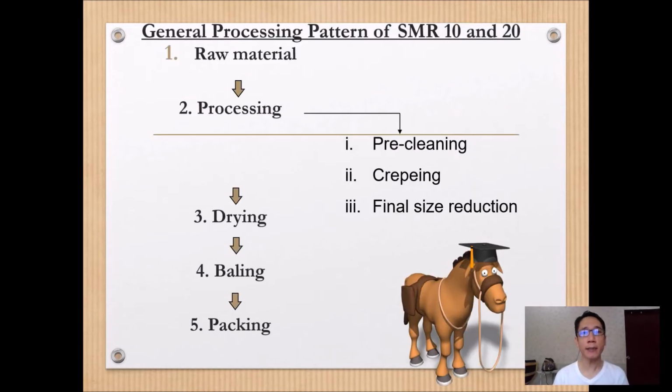So this is the flowchart of the general processing pattern for SMR 10 and 20. Basically in industry, this is the general processing pattern that we use. It starts with raw material, and of course raw material can be cut lumps, bud scraps, tree lace, latex coagulants, and so on. I will go through them one by one after this. The processing involves pre-cleaning, creeping, and final size reduction.